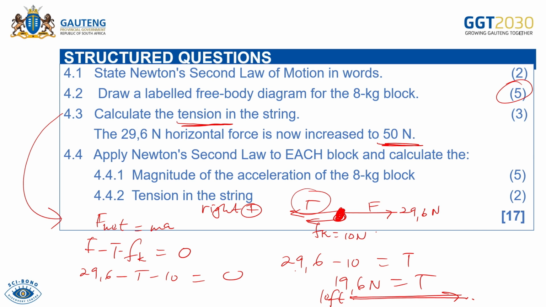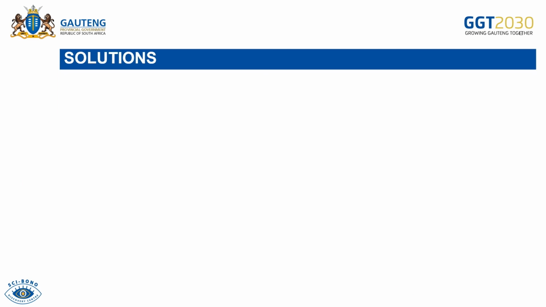Okay, then apply Newton's second law to get the magnitude of the acceleration of the 8 kilogram block. The only thing that is going to change here is this 29.6 to 50 newtons.